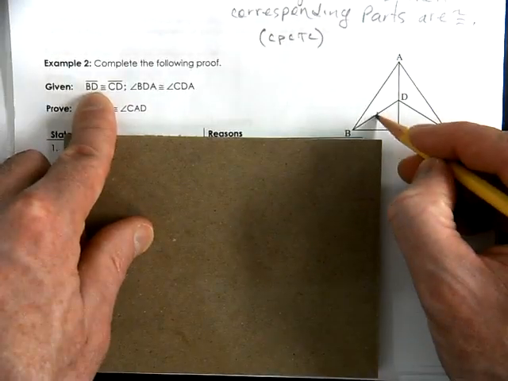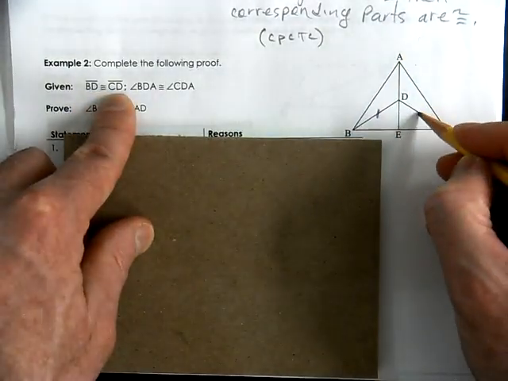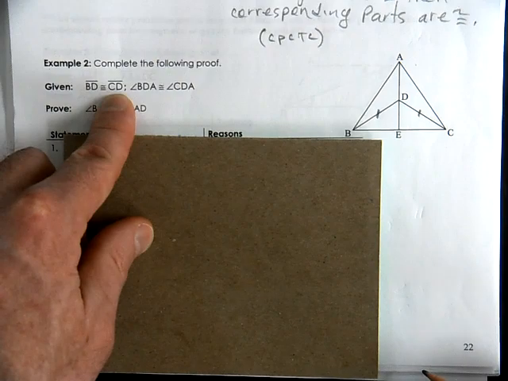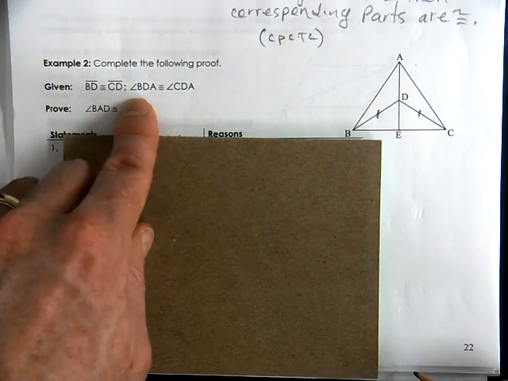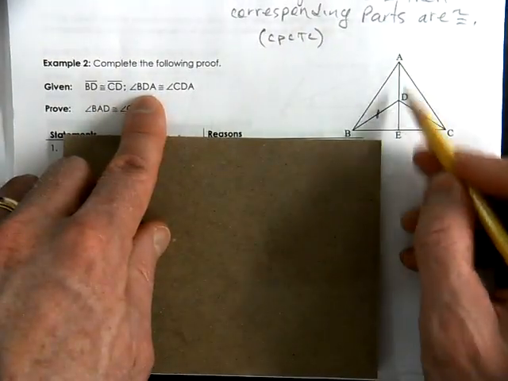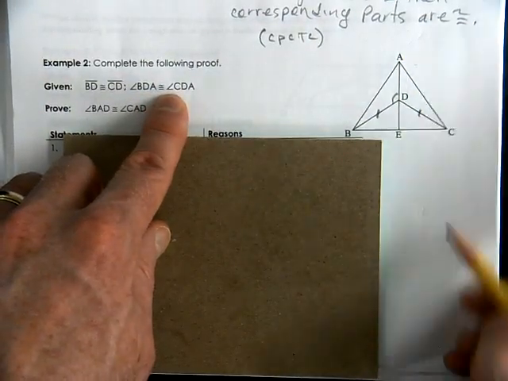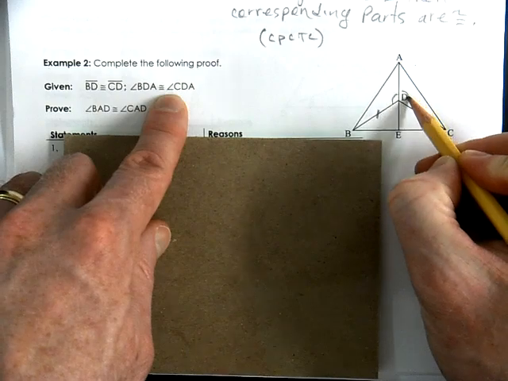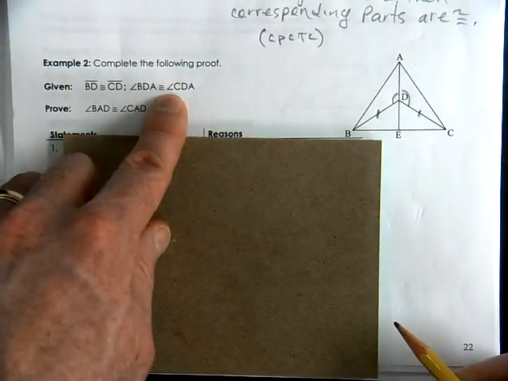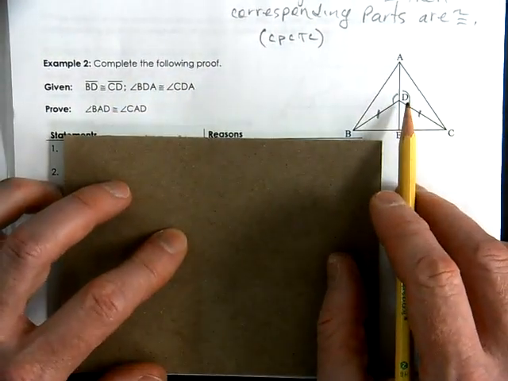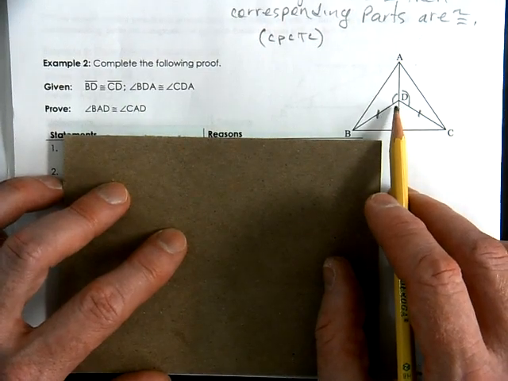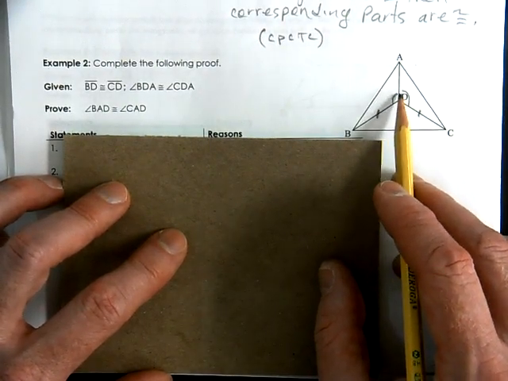Notice that BD is congruent to CD. And angle BDA is congruent to CDA. Now that gives away a little bit what we're working on. Notice what angle they gave us.